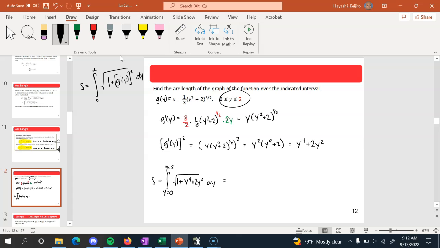Now, if you rearrange these terms a little, you get y to the 4th plus 2y squared plus 1.